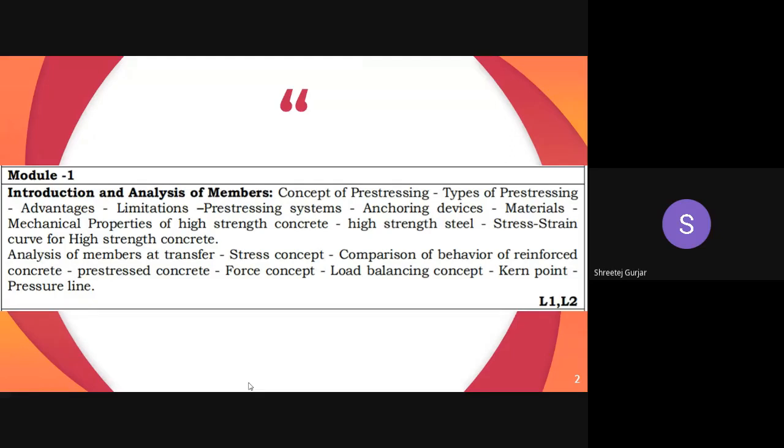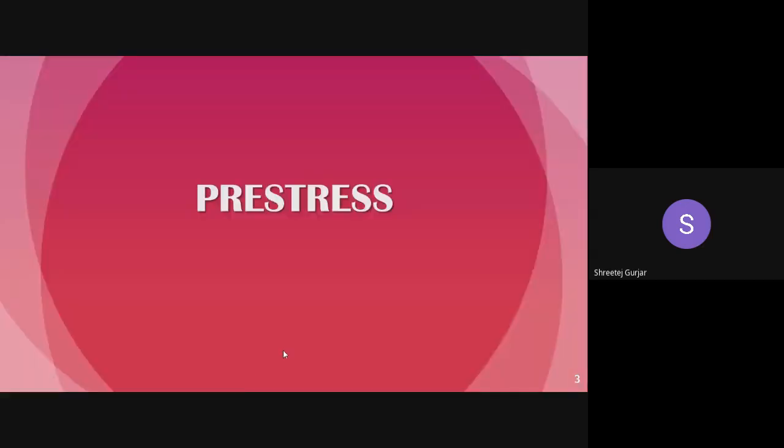We will be studying a few things today from this first module, not the entire thing or even half. We will be studying just a few things and then winding up. Pre-stress is nothing but your initial load. There is some initial load applied to an element, whether a beam, a slab, a column or any pipe element that we pre-stress. The word pre-stress means initial load.